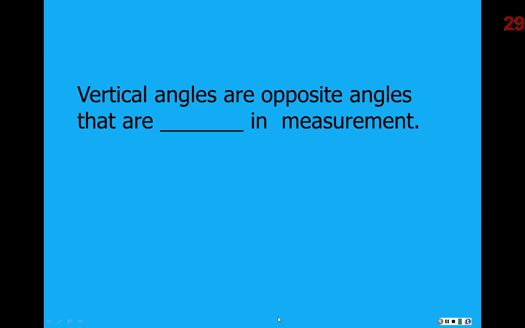Vertical angles are opposite angles that are blank in measurement. Vertical angles are opposite angles that are what? We just talked about this on like 3 slides just a minute ago. What is it about vertical angles that you're supposed to remember? What's equal? Opposite angles are equal.